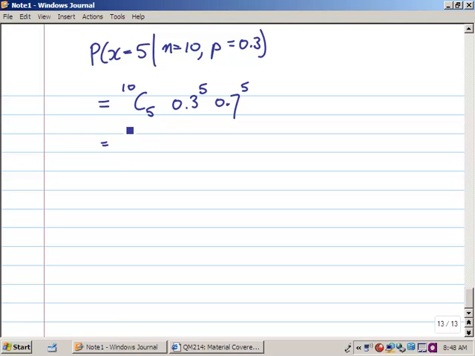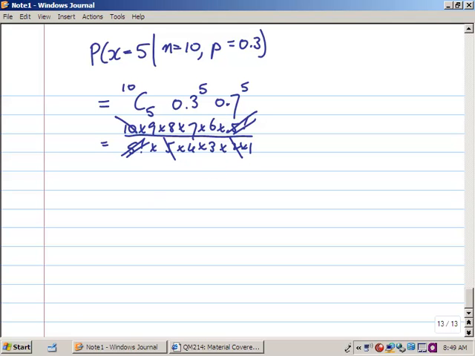Alright, 10C5 will be 10 by 9 by 8 by, sorry, by 7 by 6 by 5 factorial divided by 5 factorial times 5 factorial, 5 by 4 by 3 by 2 by 1. This 5 factorial cancels with that 5 factorial. 5 and 2 makes 10, which cancels with the 10. Alright, and then we can go from there.